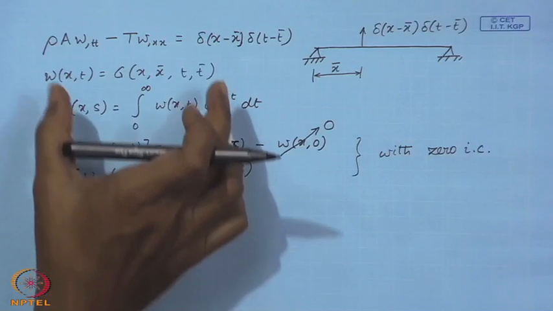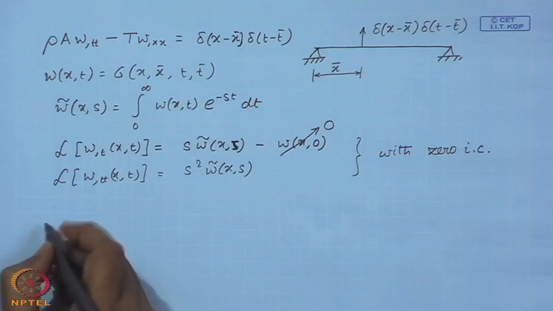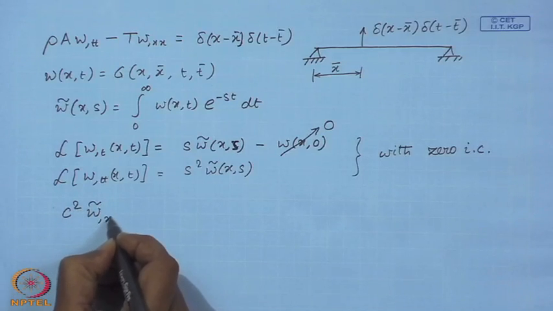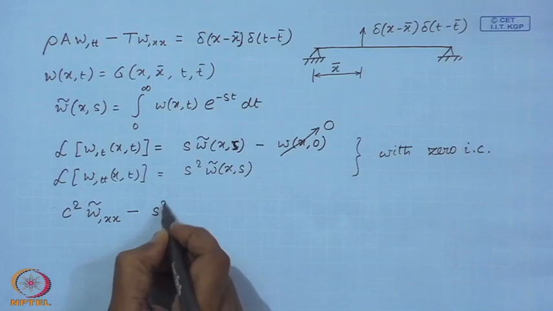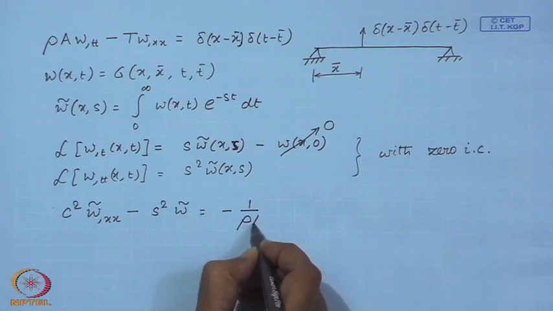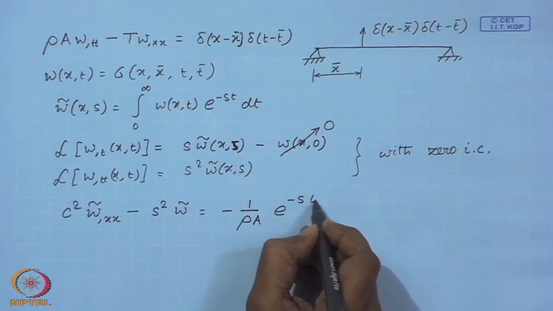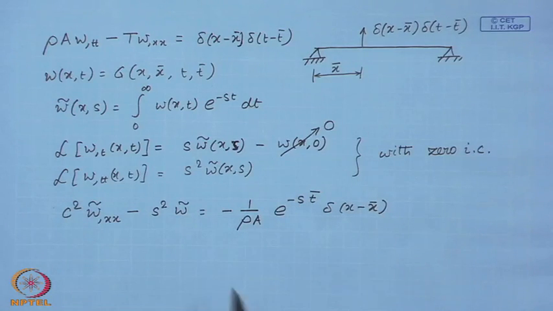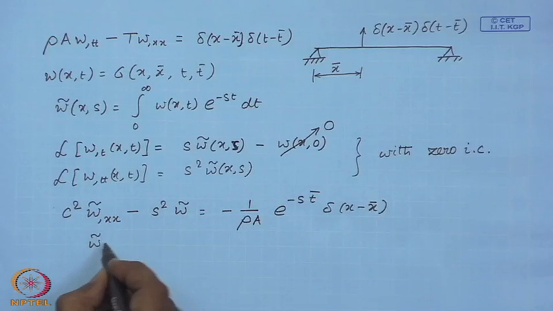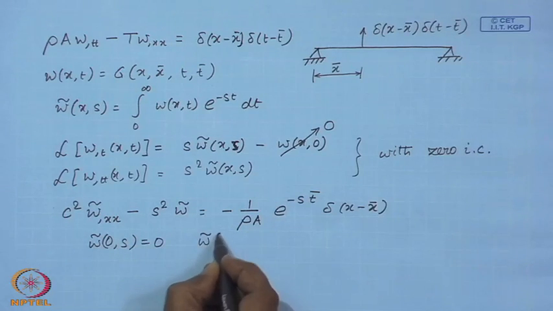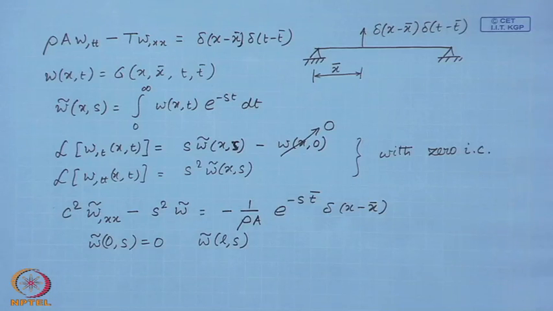Now, once you take the Laplace transform of this equation and rearrange, we obtain this equation along with the boundary conditions like this.